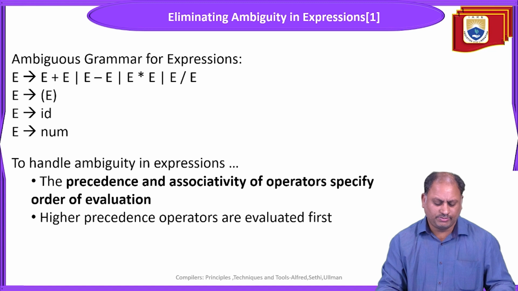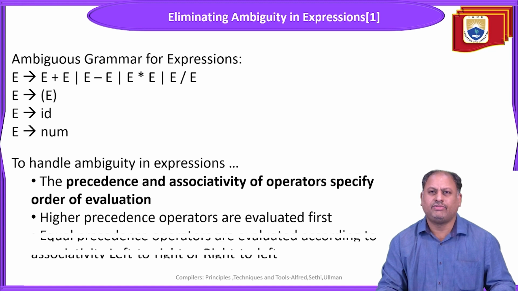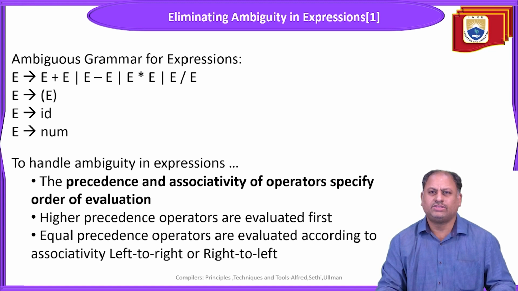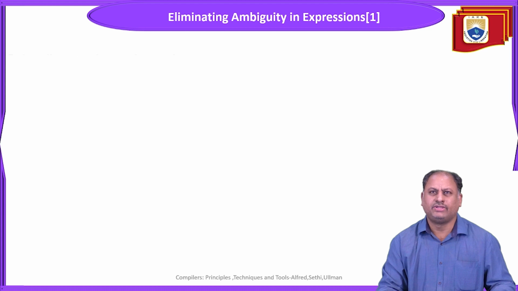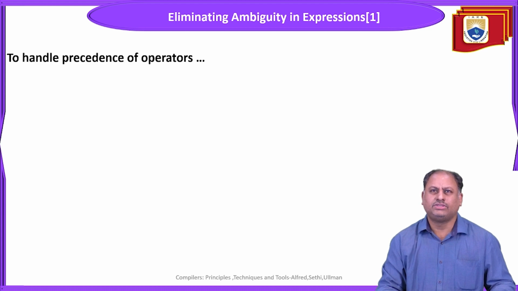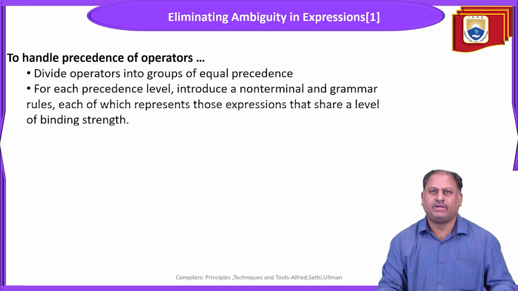First, the precedence of the operators is evaluated, and precedence can be applied based on the associativity, left to right or right to left. And how is precedence of operators handled?